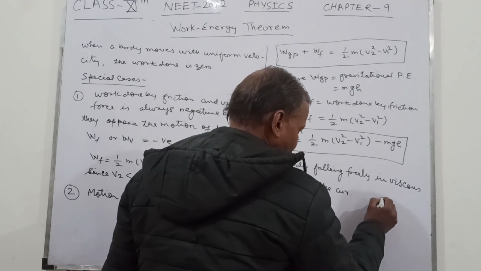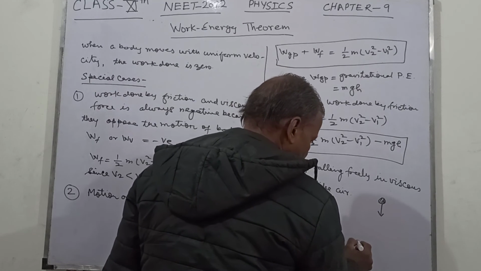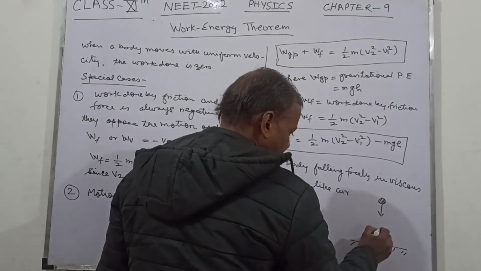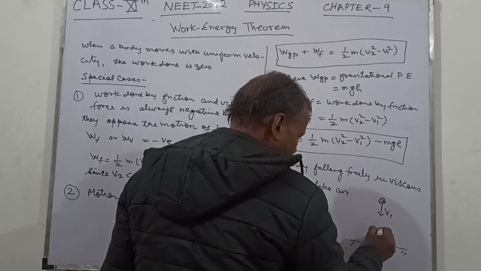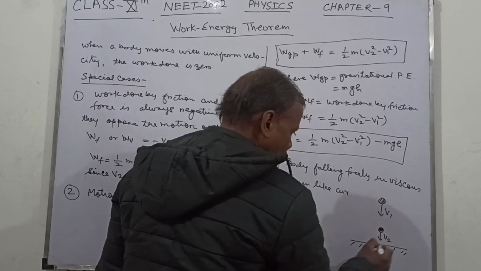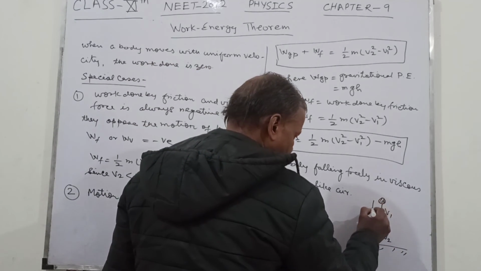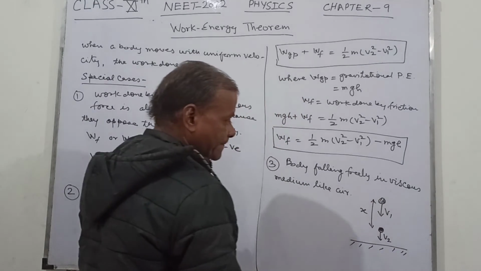Suppose a body here is falling, and this is the ground. Here the velocity is v1, and at this point the body reaches velocity v2, and the distance moved by the body is x.